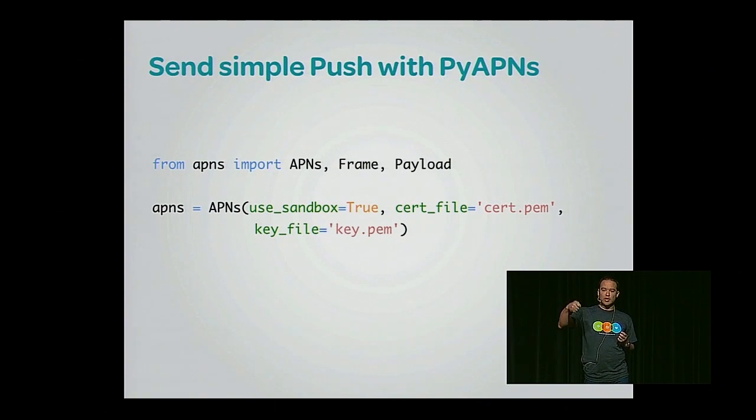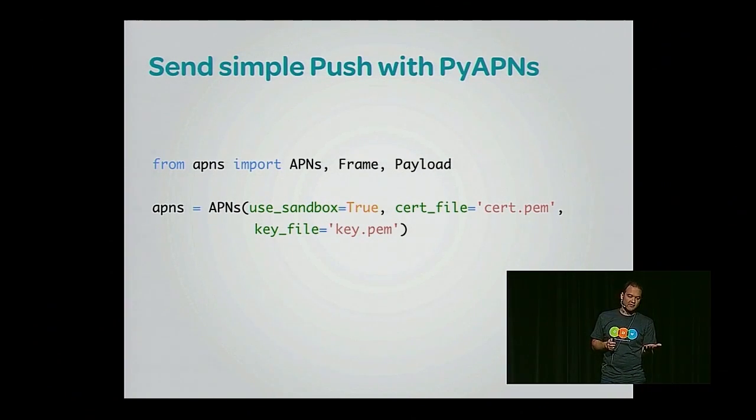When you create your push notification profile on the Apple website, Apple creates a profile both on their test servers and on their production servers. So you can use both depending on if you're testing or if you're already in production. So by making that first use sandbox as true, I'm telling PyAPNS, hey, just try to hit the test servers so that we can do some testing on push notifications.